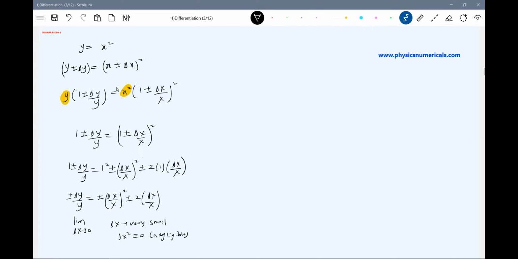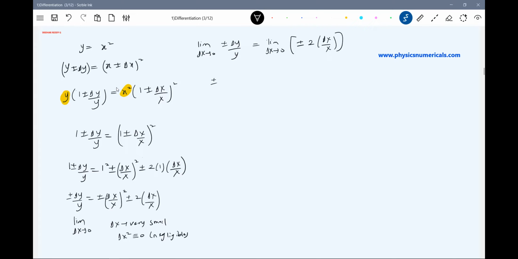So then the expression will become plus or minus delta y by y, limit delta x tends to 0, plus or minus 2 delta x by x.